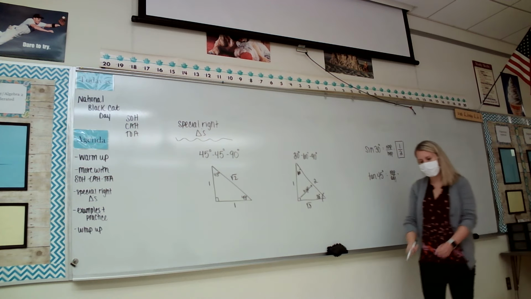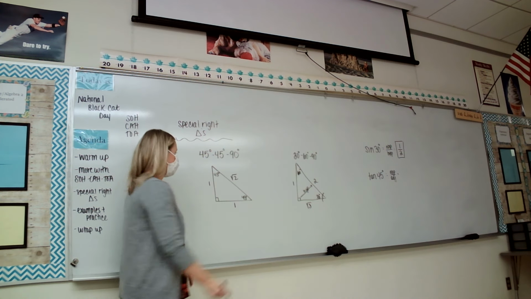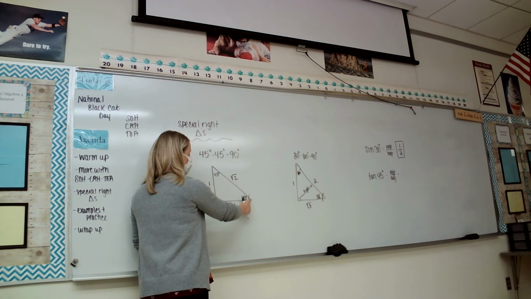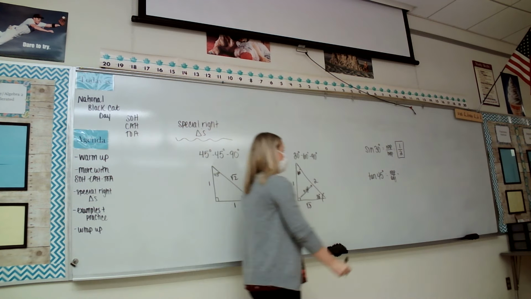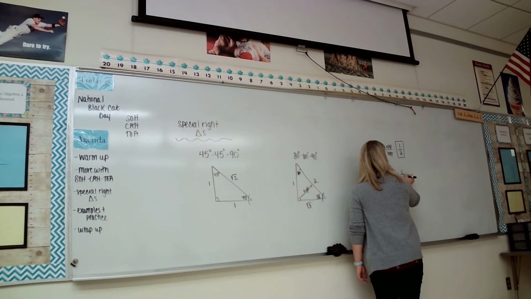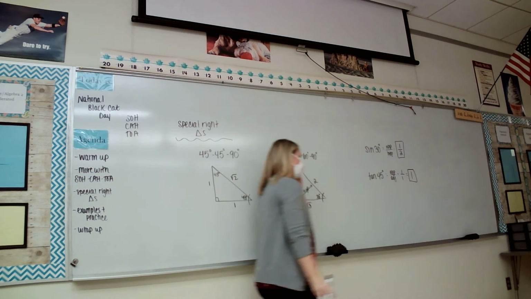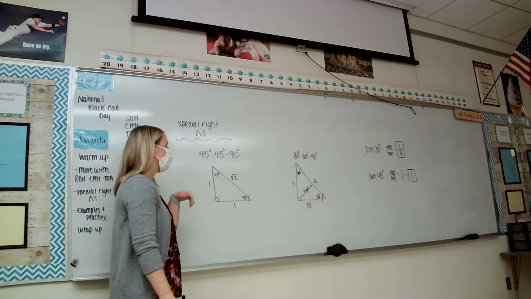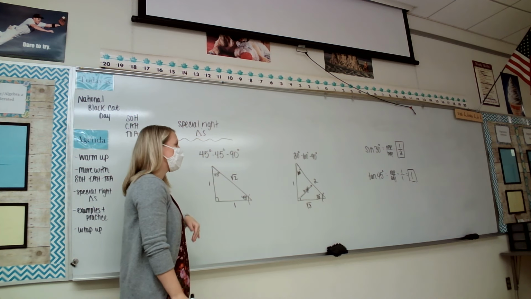It doesn't matter which 45 you go to because they're both 45, so you just pick one. Opposite of this is 1. Adjacent to this is 1. So tangent of 45 is just 1 over 1, which is 1. So it's bringing in these new triangles that we'll refer back to quite a bit. As a heads up, have those written somewhere nicely.